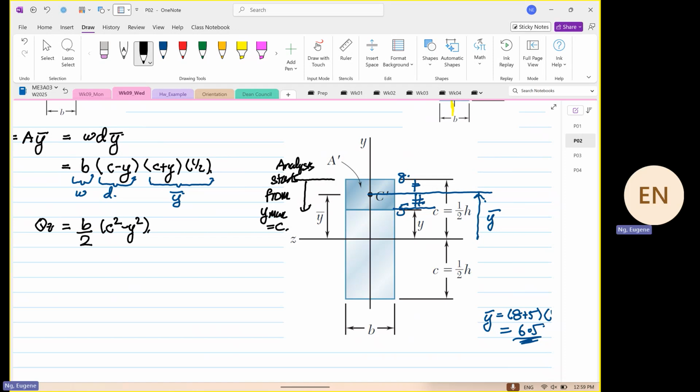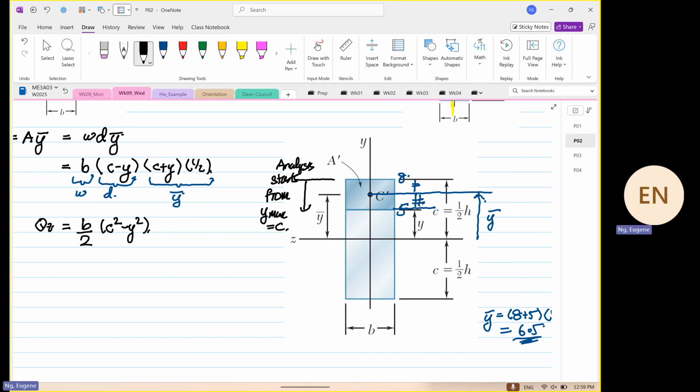The analysis starts from the distance furthest away from the centroid. That is why it is C minus Y and not Y minus C. So from here, rule number 2.